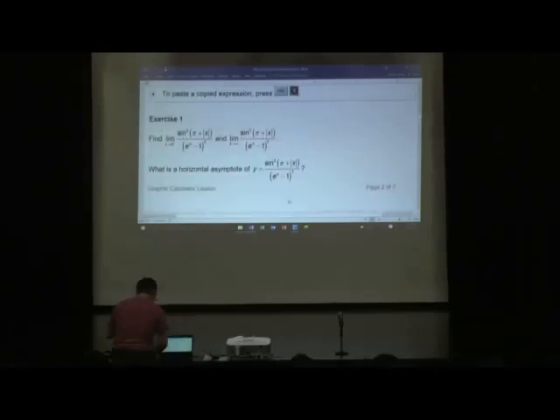Let's take a look at this example. Let's say I want to find the limit of sine cube x plus mod x over this whole thing, as x approaches 0 from the left.